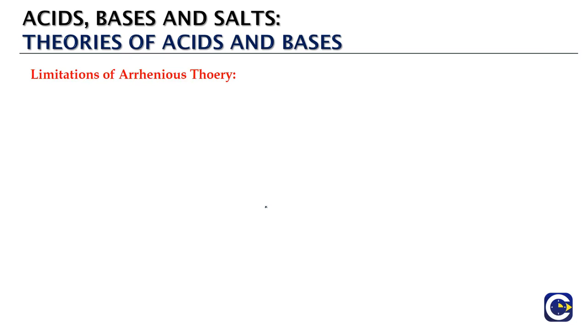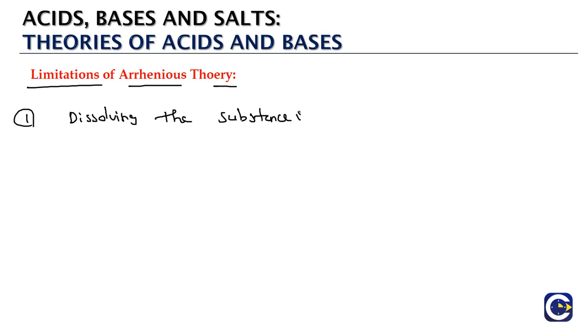Now while we talked about the Arrhenius theory of classifying substances into acids and bases, this theory has some fundamental limitations, and that is the reason why we have the other two theories. One of the first and probably more important limitations is that this theory is dependent upon dissolving the substances in water.